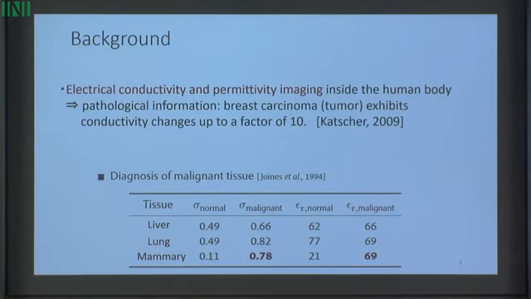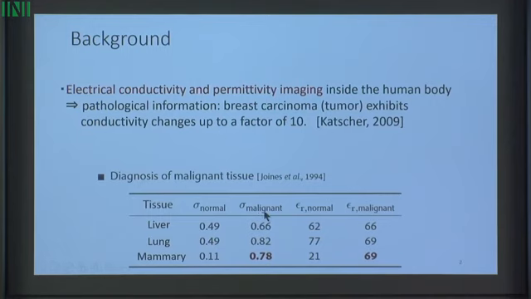We consider the application of imaging the electrical properties inside the human body. We think this problem is important because electrical properties give us very useful pathological information. For example, some kinds of breast tumor exhibit conductivity changes up to a factor of 10.